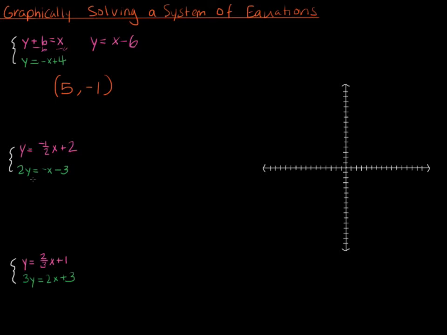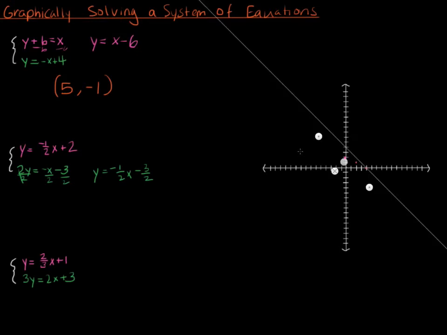Let's try this one. So the first thing is going to be to get it into y equals mx plus b form, so I need to work on this one and divide everything by 2. So we have y equals negative 1/2 x minus 3/2. Okay, so let's graph this pink one. So we're going to start with the y-intercept. It's going to be 2, and then we're going to go down 1 and over 2, and so on, down 1 and over 2.